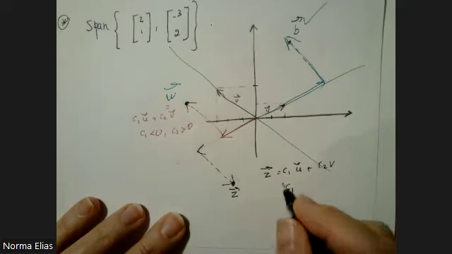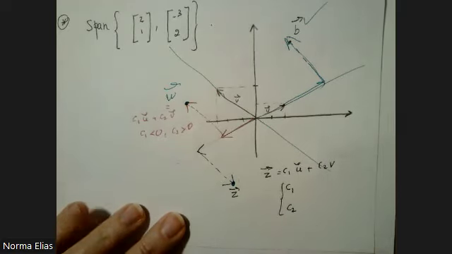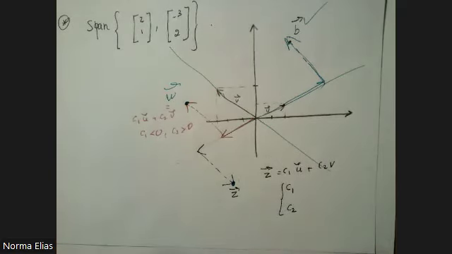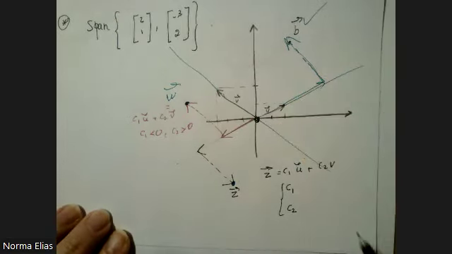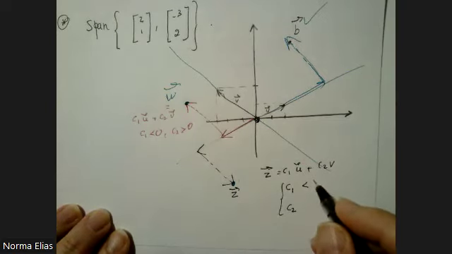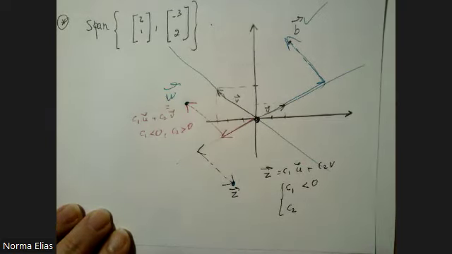Is C1 positive or negative? Look at my picture. C1 has to be negative. It's the weight I put on U. The C2 is also negative.